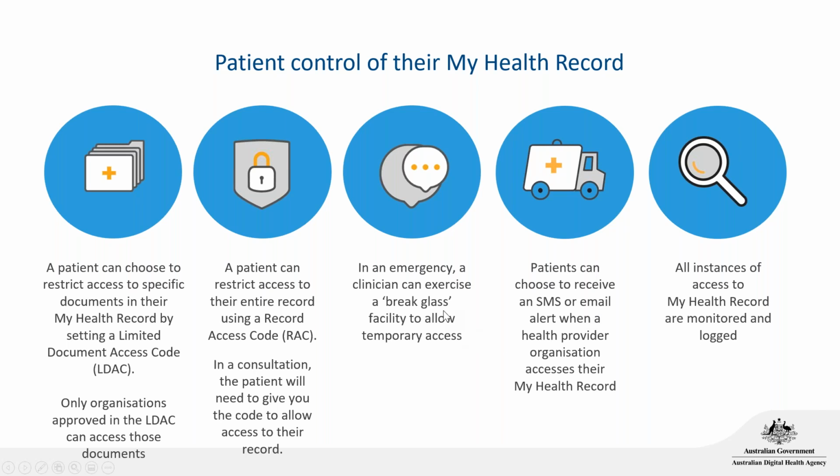And there is also an option for clinicians to access a record in case of an emergency, but there is more information available on our website and the OAIC website about using the emergency access function appropriately. So definitely make sure all of your staff in your organization are appropriately trained on how to access and use the system.